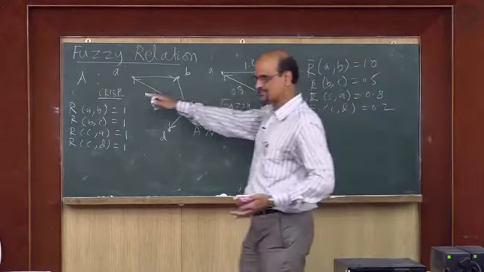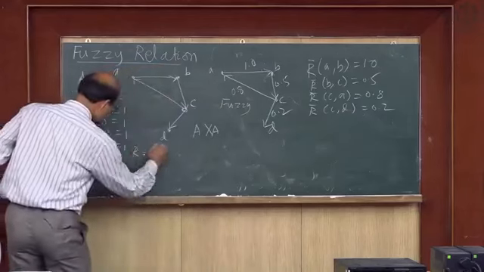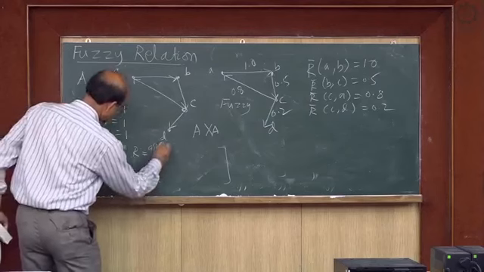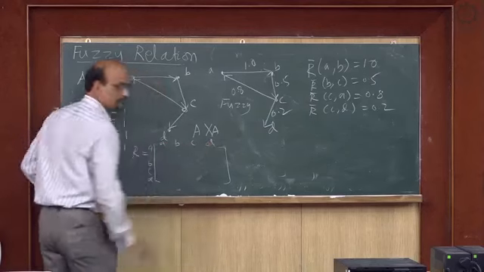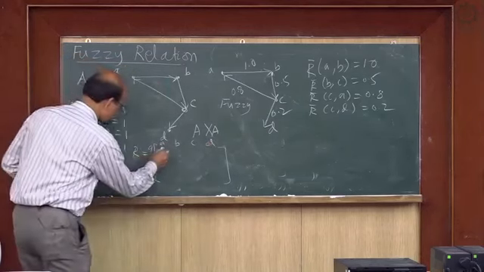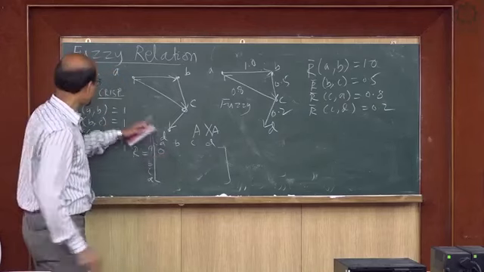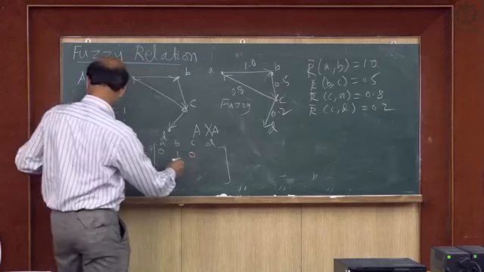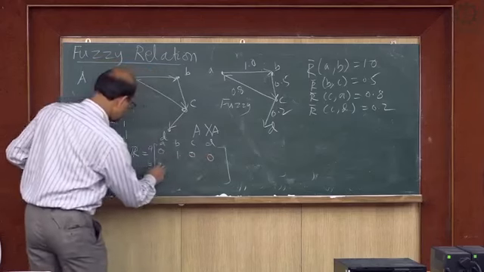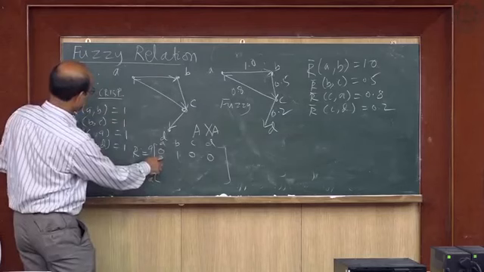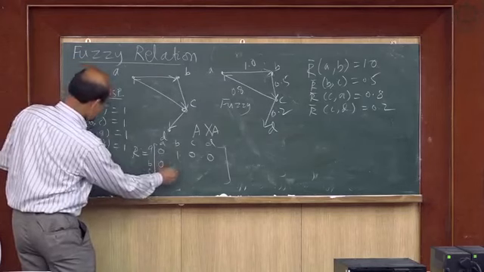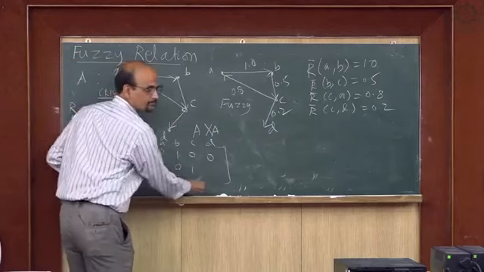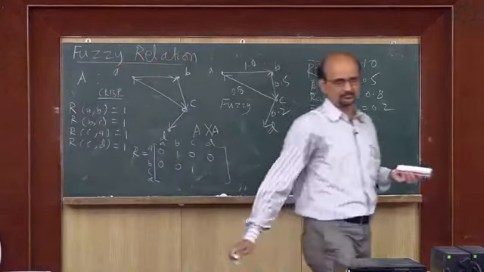For the crisp, I have the relation A B C D, A B C D. A to A is 0, A to B is 1, A to C is 0, A to D is 0, B to A 0, B to B 0, B to C 1, like that you can complete very easily.